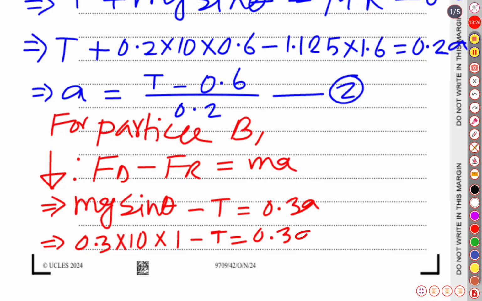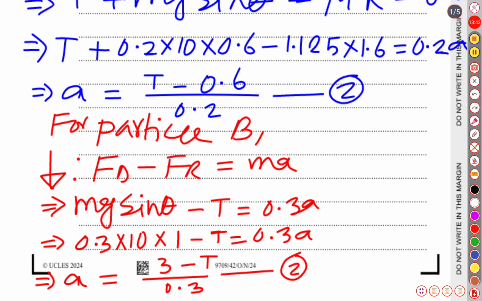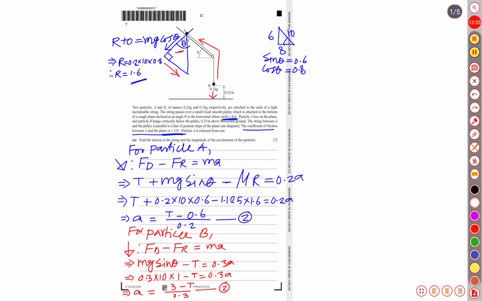If we make a the subject, a is equal to a fraction: 0.3 times 10 is 3, so 3 minus t over 0.3, and we may leave this as equation number 2. So solving the equations simultaneously, we will be able to find both values. Let me write just beside this, let me see how much space I have. Yes, I can write just beside this.